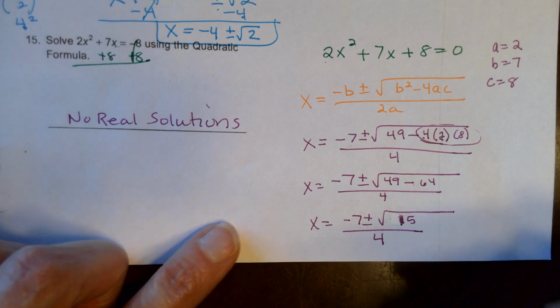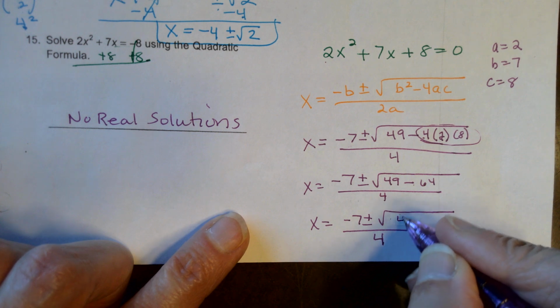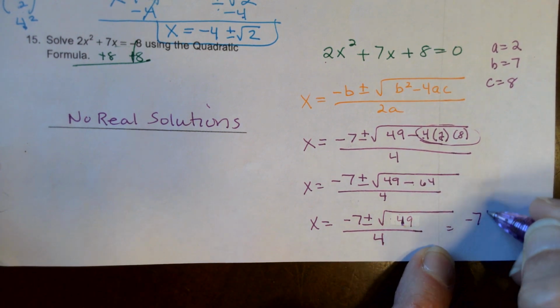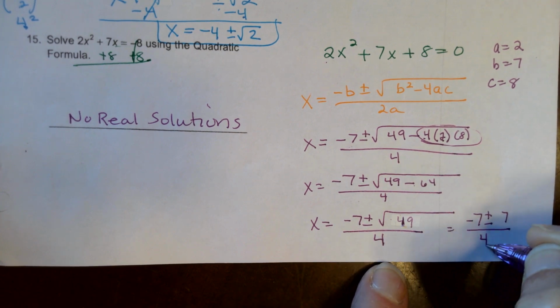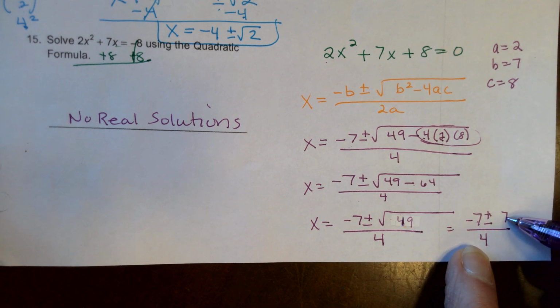And let's just say this was a 49 here. I'm just showing you the different options. Then you would say, oh, negative 7 plus or minus square root of 49 is 7 all over 4. And you'd calculate this. So negative 7 plus 7 is 0. Divided by 4 is 0. Then you would do negative 7 minus 7.